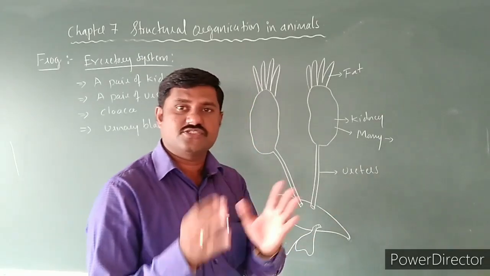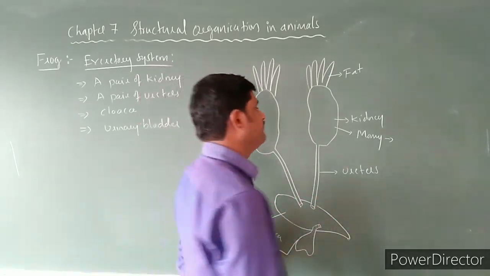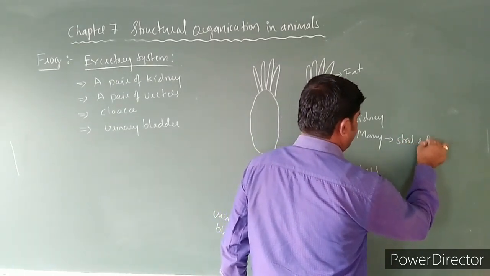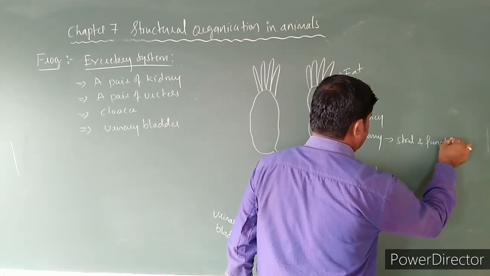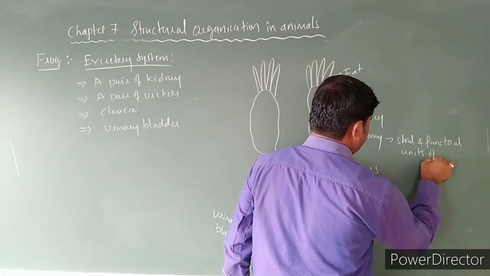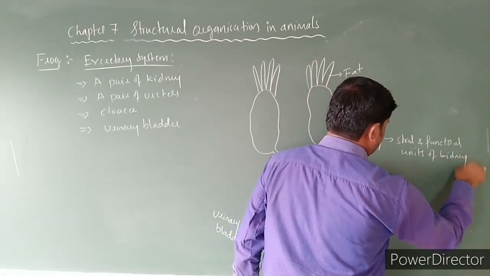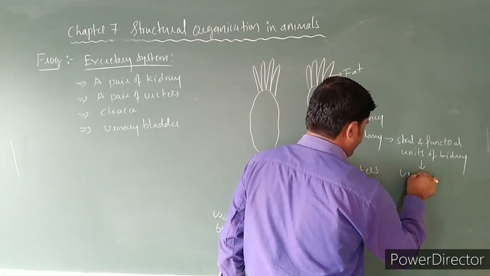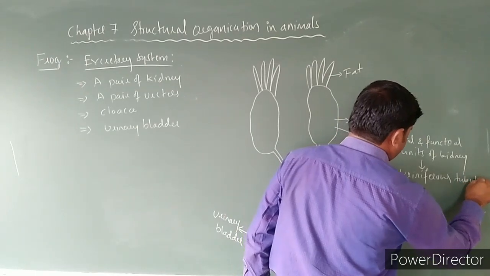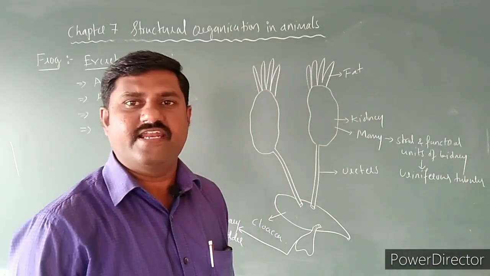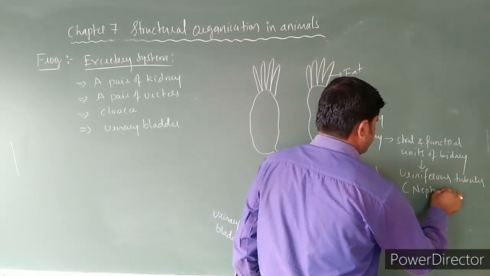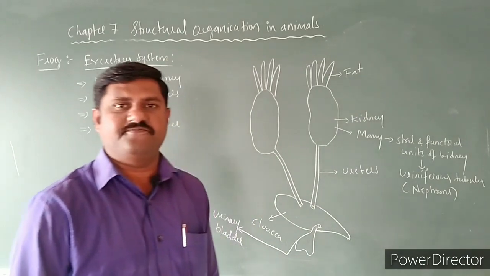They are said to be the structural and functional units of the kidney, called uriniferous tubules, or they are also called nephrons.